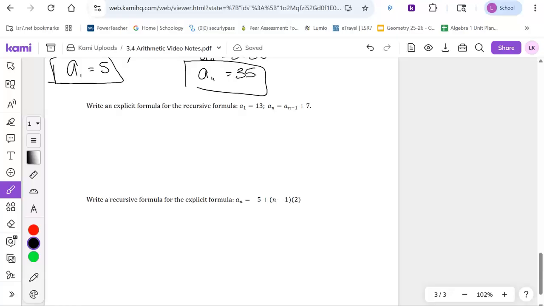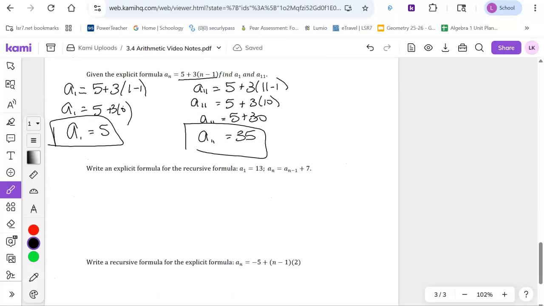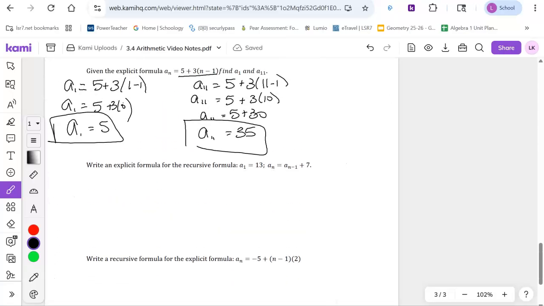Now this one says, write an explicit formula for the recursive formula a sub 1 equals 13, a sub n equals a sub n minus 1 plus 7. My a sub 1 here is 13 and my common difference is 7.